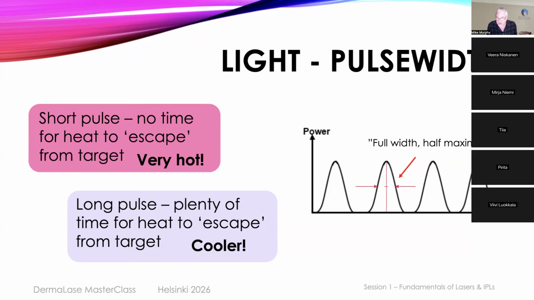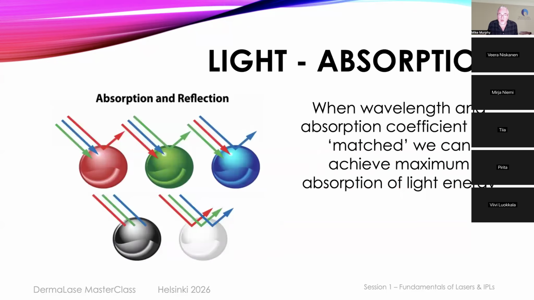If you fire the same pulse except over 10 milliseconds, so it's taking 10 times longer to deliver the same energy, same fluence, then it will be much cooler because during that 10 milliseconds, a lot of the heat will have escaped while the energy is still being absorbed. Okay, so the pulse width is very important in certain situations. I'll come on to that in a bit more detail in the next session this afternoon because it's important for hair removal in particular.